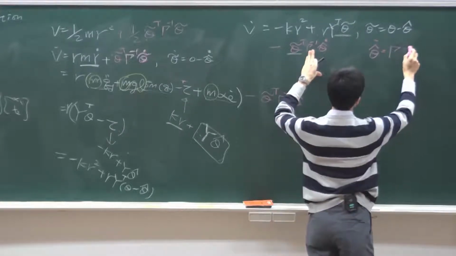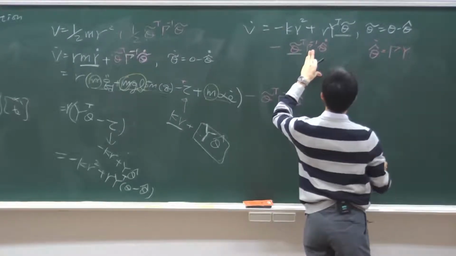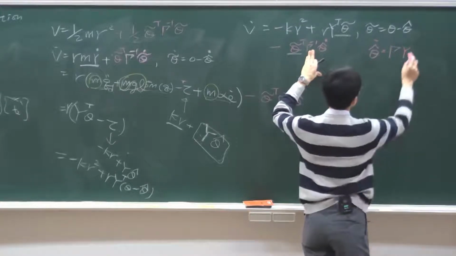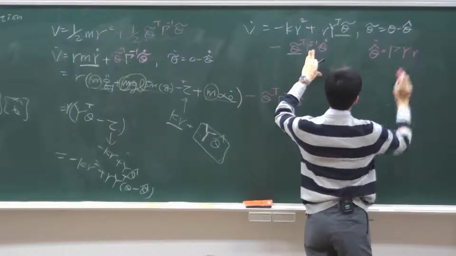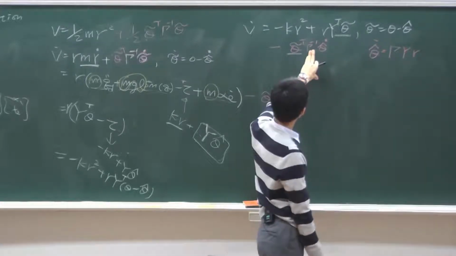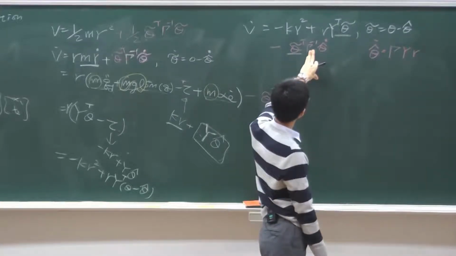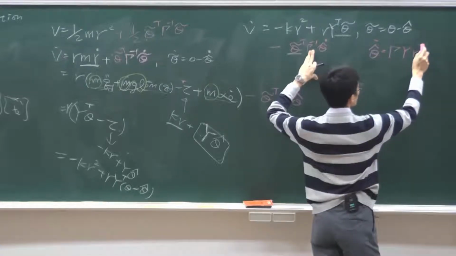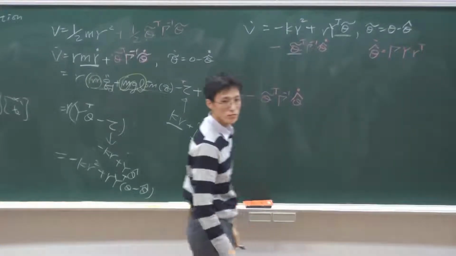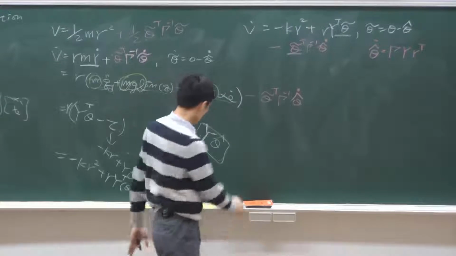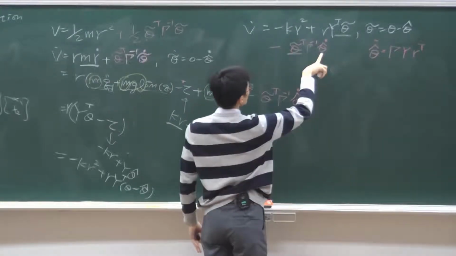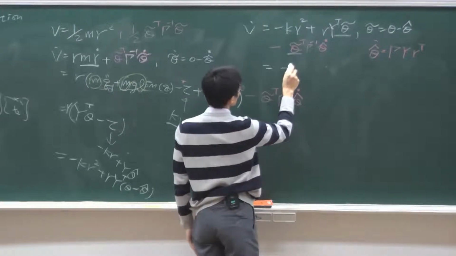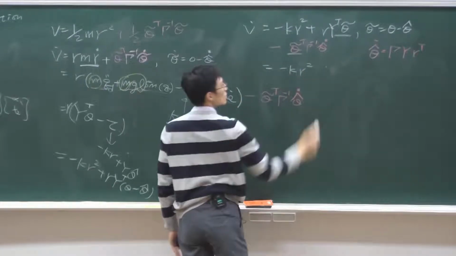And you can put y here and r here, y transpose r. If you design theta hat as this and substitute into here, you will get minus k r squared.